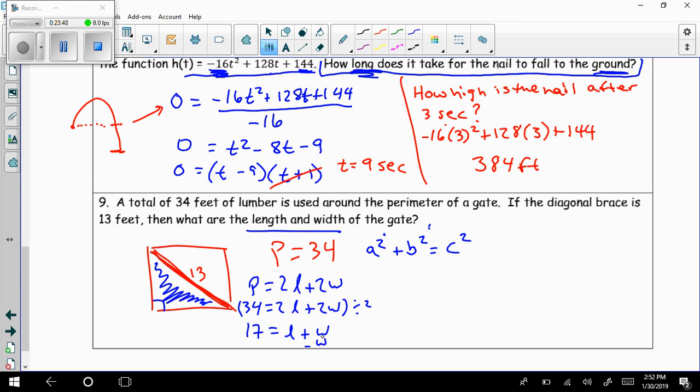So let's subtract W. And now we know that 17 minus W is equal to L. Okay, so 17 minus W equals L.